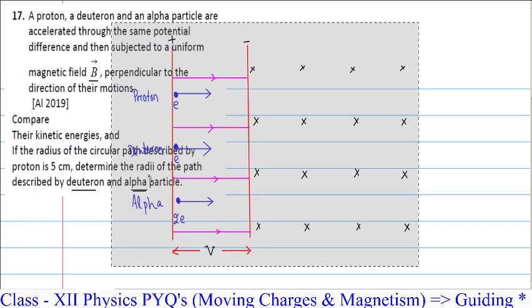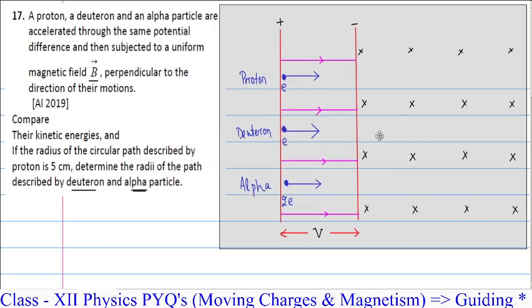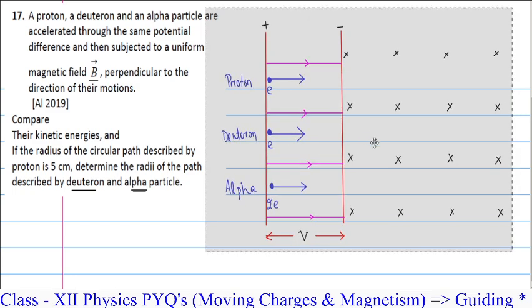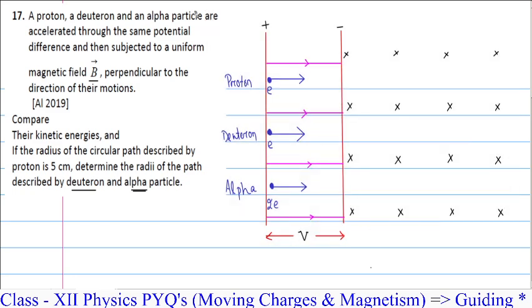So, this is the figure. Here we have the proton, deuteron and alpha particle. These are positively charged particles. They are accelerated through the same potential difference and then subjected to a uniform magnetic field. So first, a potential difference region is created where the charged particles are accelerated, and after that they move in a uniform magnetic field.